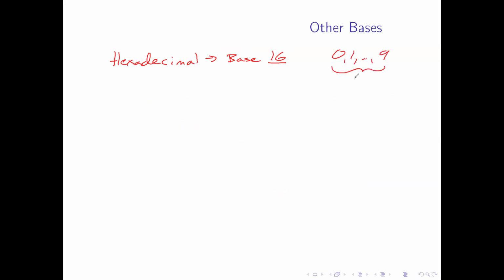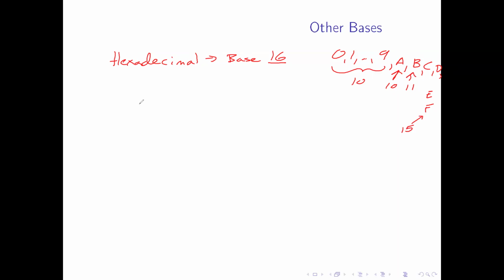That is 10. But how do I deal with my other 6 digits? Well, all we do is we just use A. A literally represents if there are 10 of something. B is representative of the number 11. C, D, I'm going off the screen, so I'm just going to keep coming down to E and F. So F is actually 15.